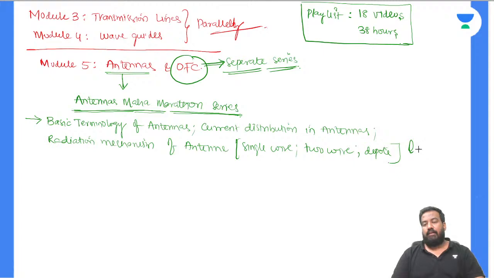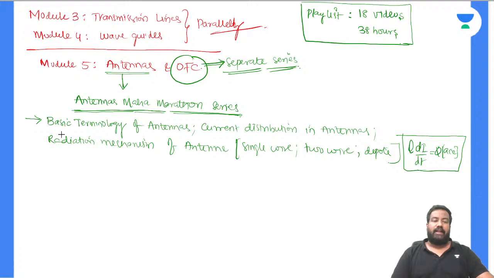And the formula for the antenna to radiate is L into di by dt is equal to Q into acceleration. When this equation is satisfied, the antenna will radiate. Then we saw the radiation pattern of antenna.